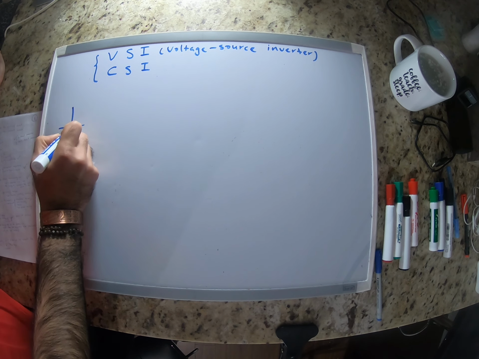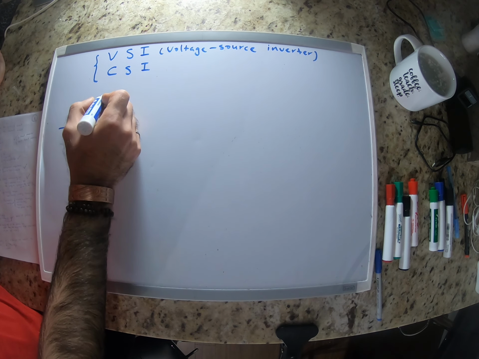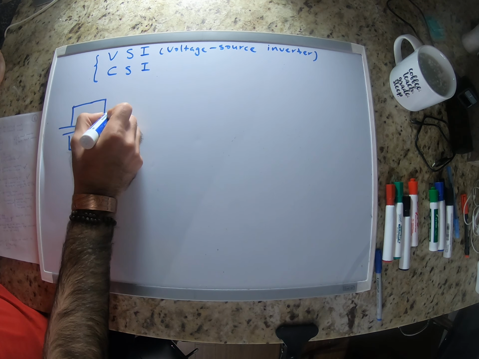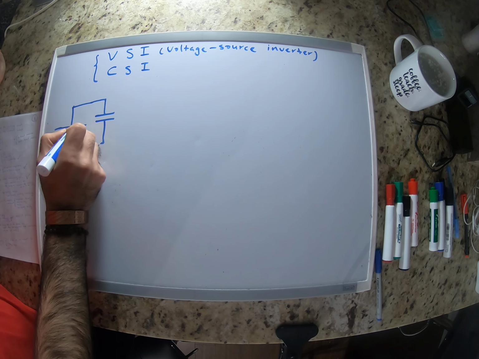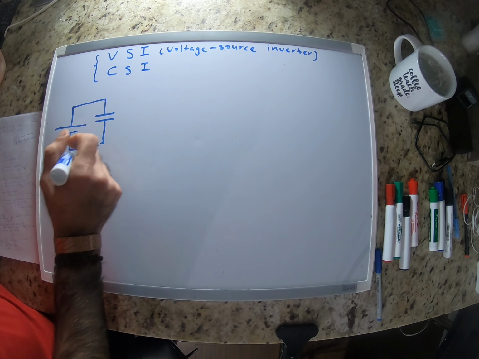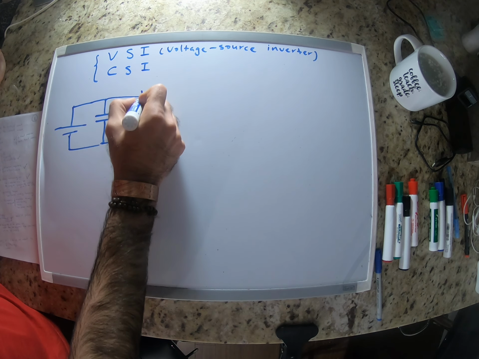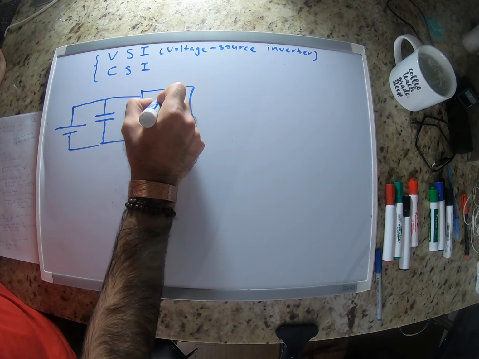we have a DC voltage that we want to convert to AC, and we usually have a capacitor here. Maybe you guys can think of why we need this capacitor before I explain it. And then we have our inverter here.